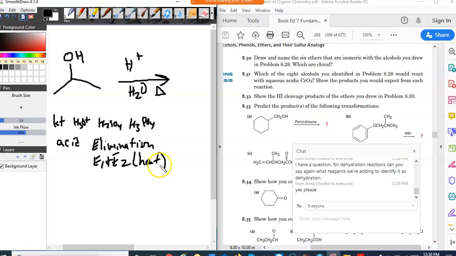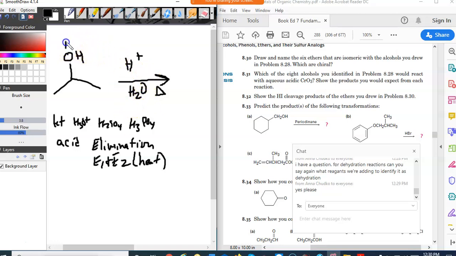Even though your book doesn't really talk about it, I talk about it because it's true and you'll see it a lot: you usually use heat in an elimination reaction. So you definitely have to use heat.